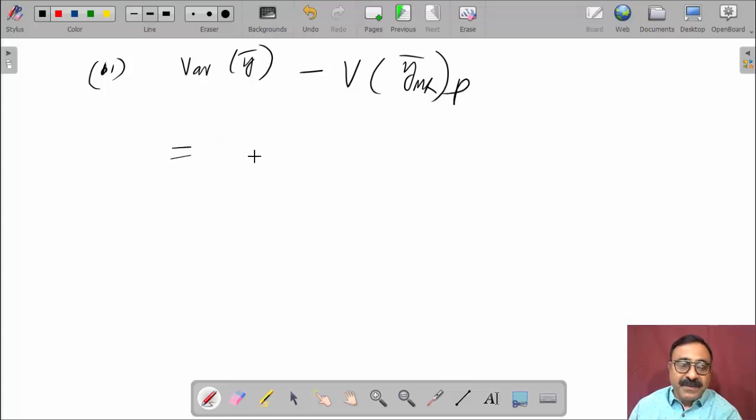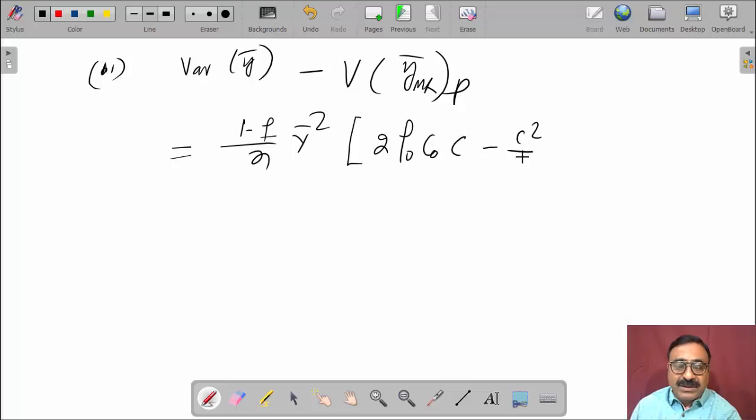So that will be 1 minus F by N y bar square. This will be 2 rho 0 C0 C minus C square by P, 1 plus P minus 1 into rho.